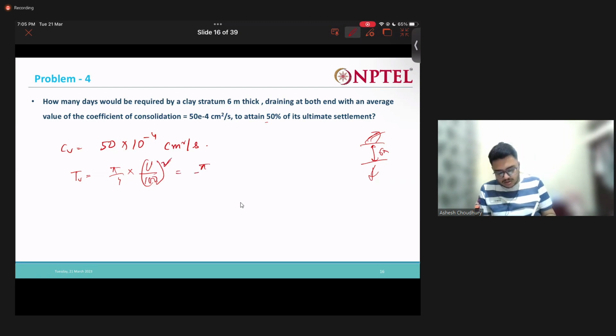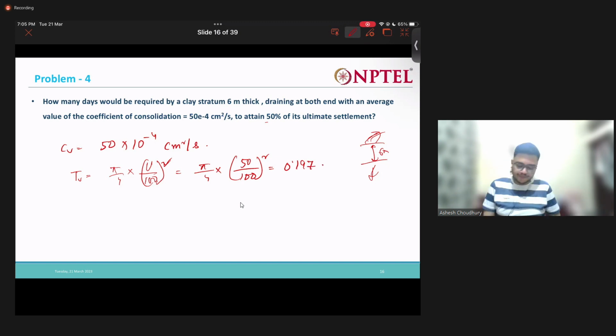So pi by 4 into (50 by 100) square is nothing but 0.197. You should remember these Tv values for 50% settlement and for 90% settlement, always for faster calculation. So for 50% settlement, the Tv value is this much.